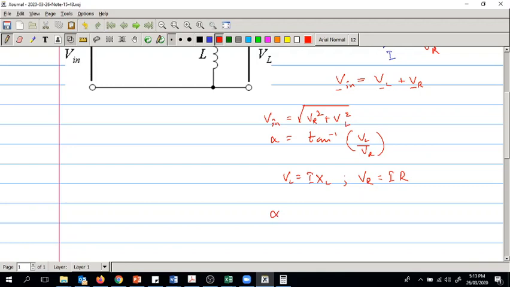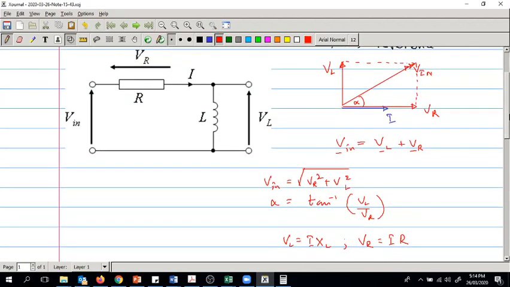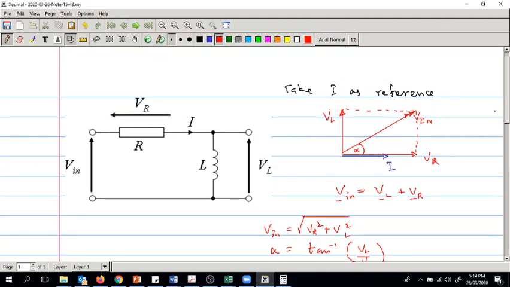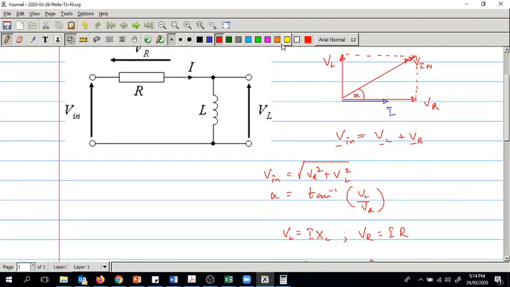So alpha can be written as tan inverse XL over R, right? I is common, right? So all these are actually derivations. The first point what you need is to draw this. Now you can use another alternative, right? Alternative technique. I'll draw it in here.